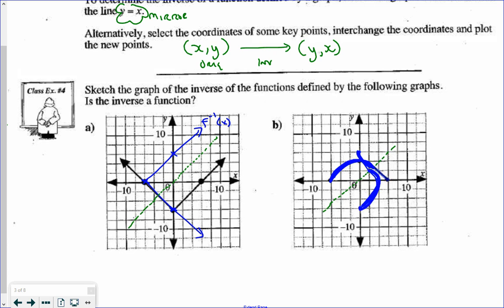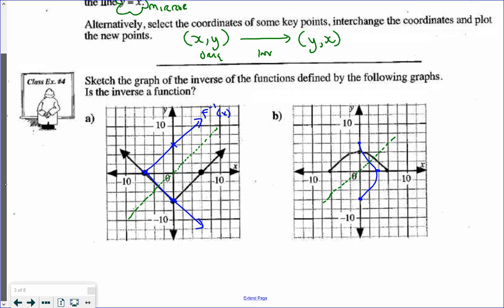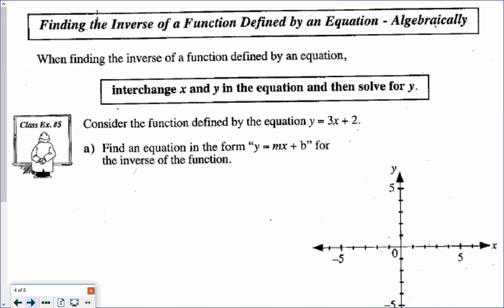Okay, so I just didn't do a very good job of drawing that. But again, if you flip those points around, it should visually look like it's been reflected across that line. It should make sense. Okay, so that's how you do the graphing. You just take the points, flip them around, replot them, and then if you draw the mirror line in, it should look like it's been flipped over that line.